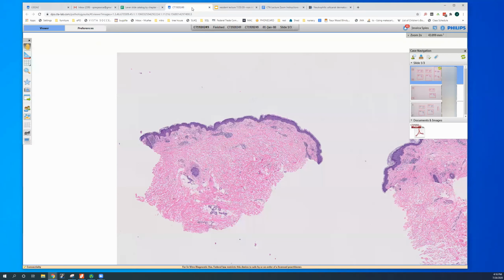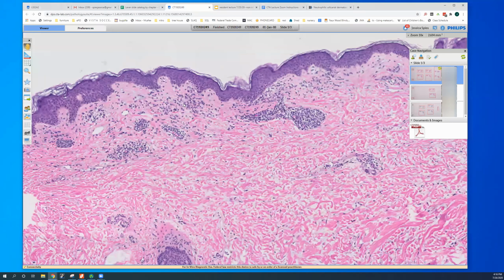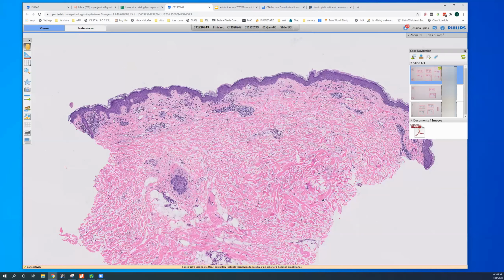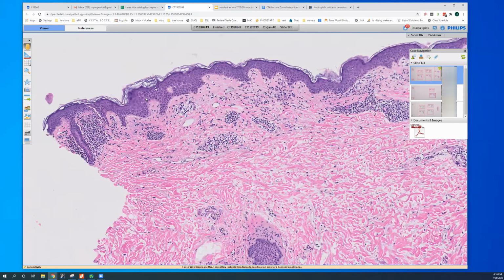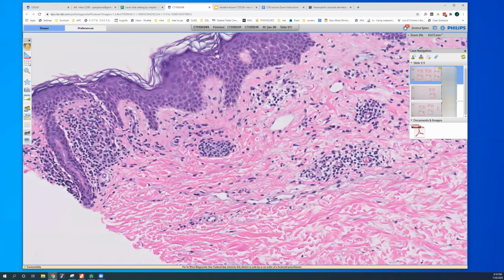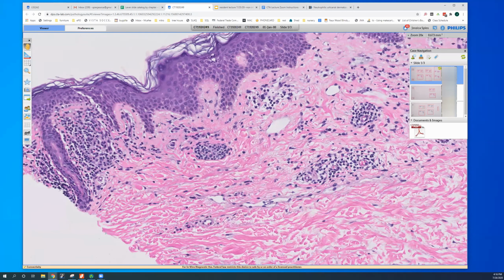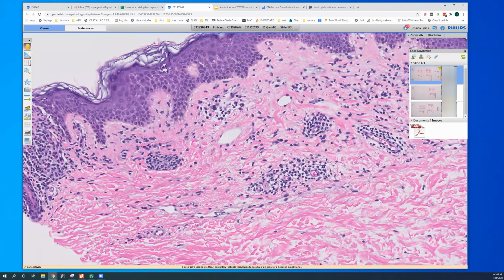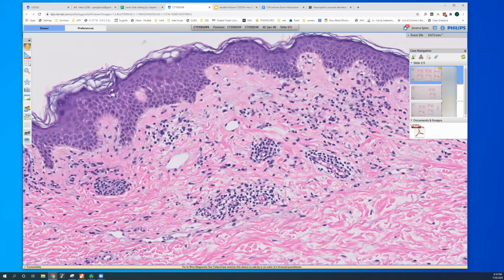This clinically was EAC. And you can see here, there's a tiny bit of spongiosis maybe here. We've got some scattered lymphocytes into the epidermis, not a whole lot though. You can interpret this as vacuolar change, but this is really early spongiosis or pseudo-vacuolar change.